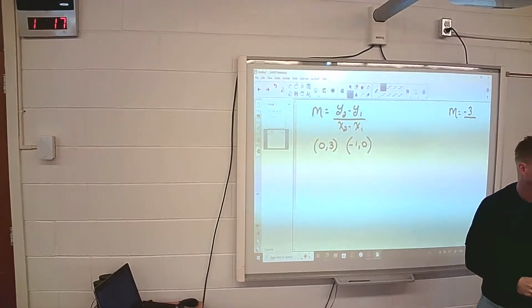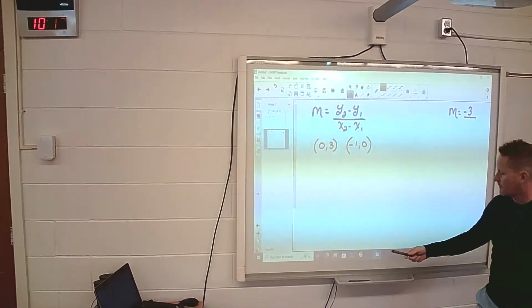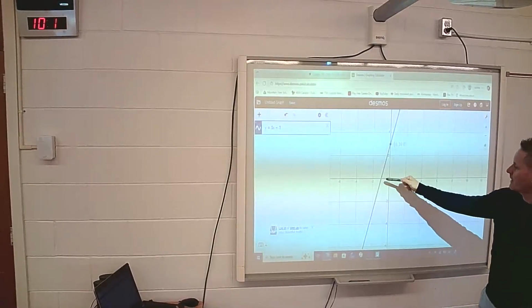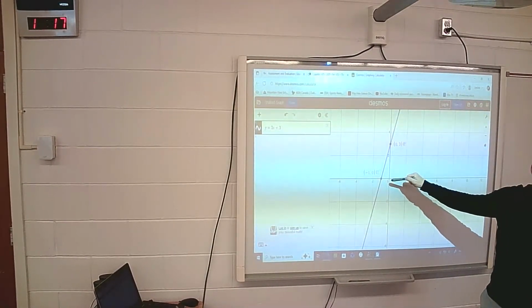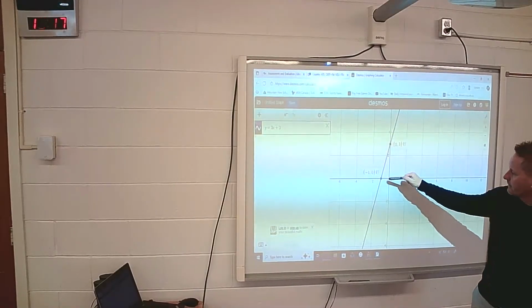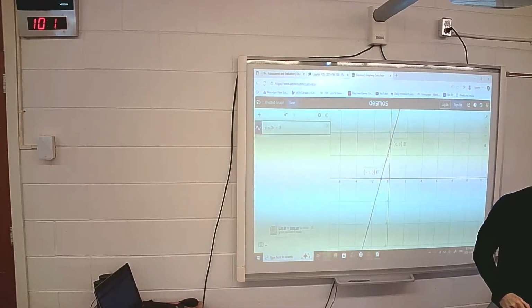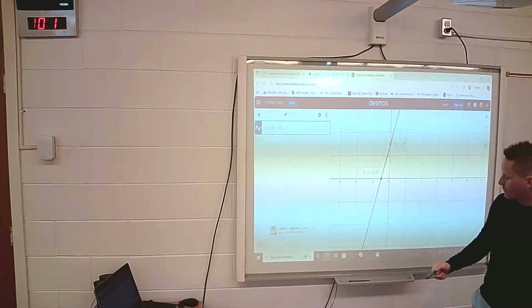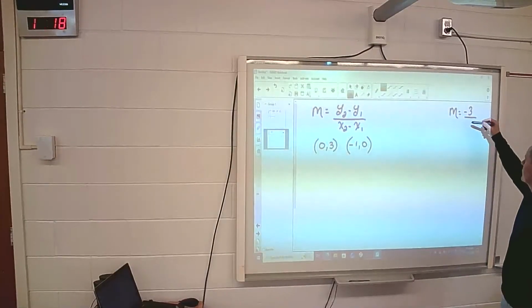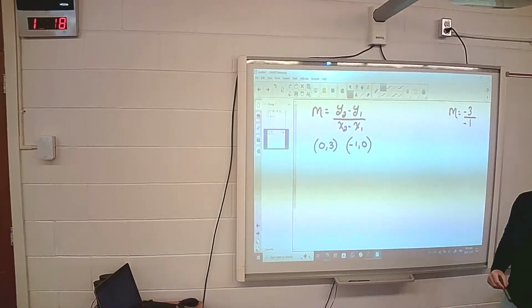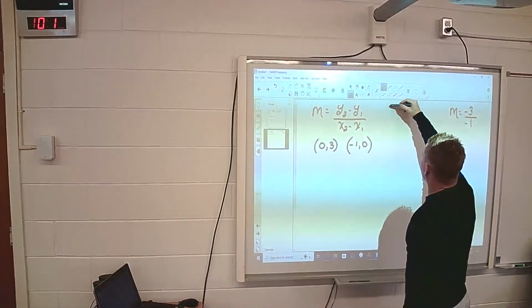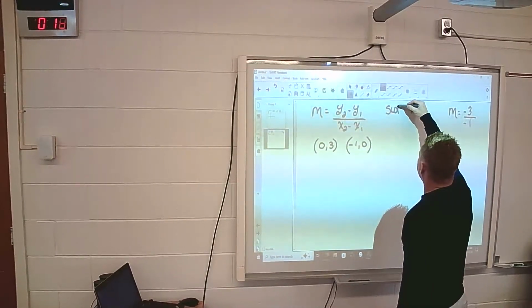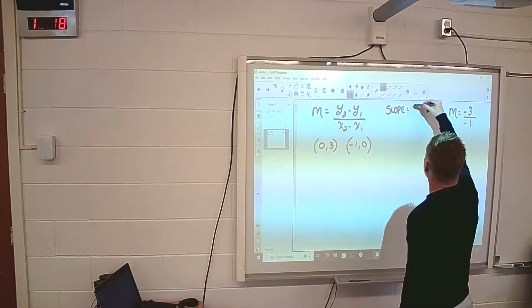That's exactly right. So it's -3. And then where do I go from there? So I go down 3, it takes me to 0 and 0. Now which way do I go to get to the -1? Left one. Left 1. -1. So I'm also going to put a -1 here. Why -3? All right. Now, here's a tidbit of information.